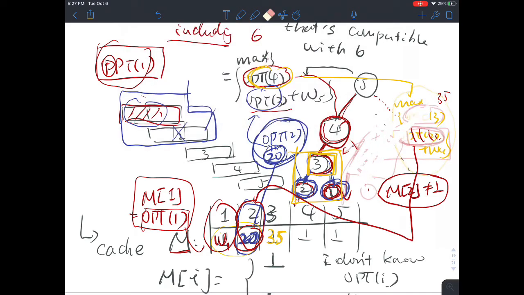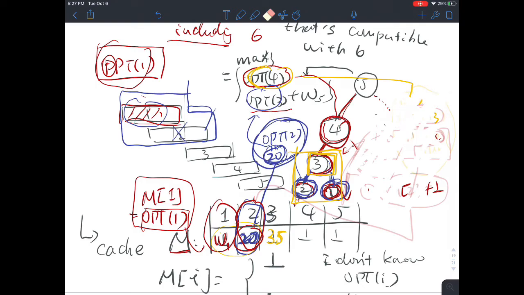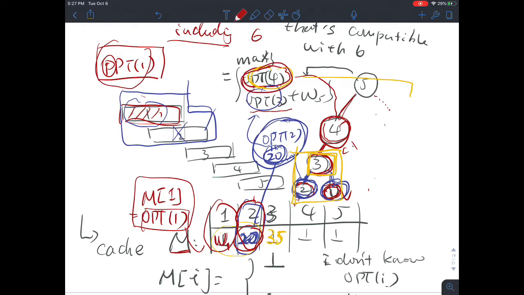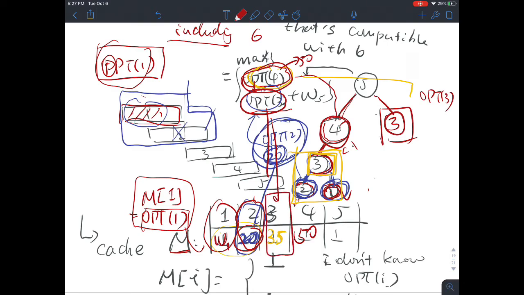Let me erase a little bit here and let's see what happens when I'm doing the fifth one. The fifth one has a similar problem. After I give you opt4, let's say this is 50, I tell you this is 50. Now I need to move to solve opt3. But before I even try to recursively solve opt3 again, I look into my array and realize that, whoa, this is not empty.